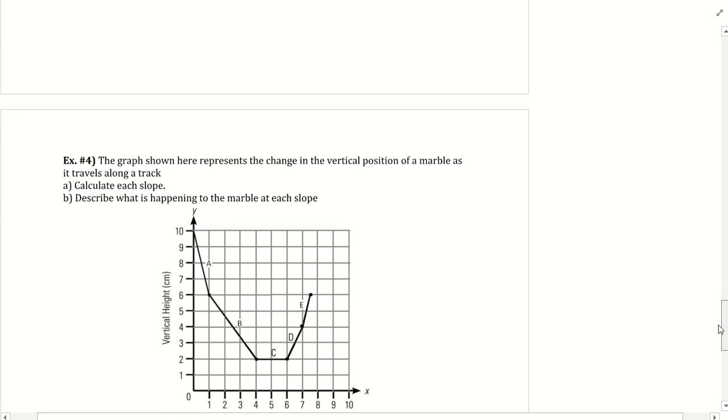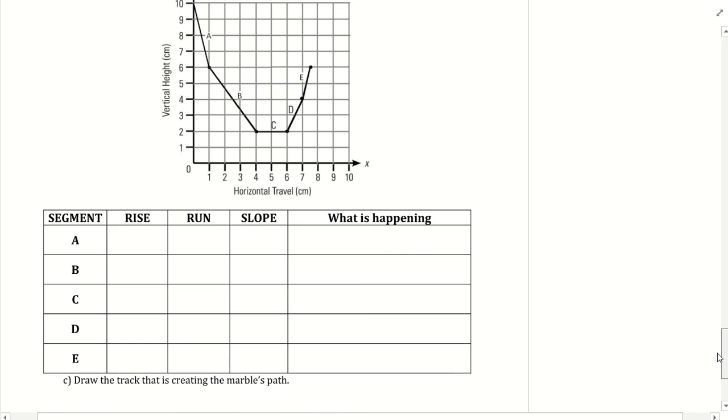Here are ones with different slopes. You can figure these out. This is what we were talking about before. You can see here as you go down, what's happening? Well, that would definitely be a negative slope. B also would be a negative slope.